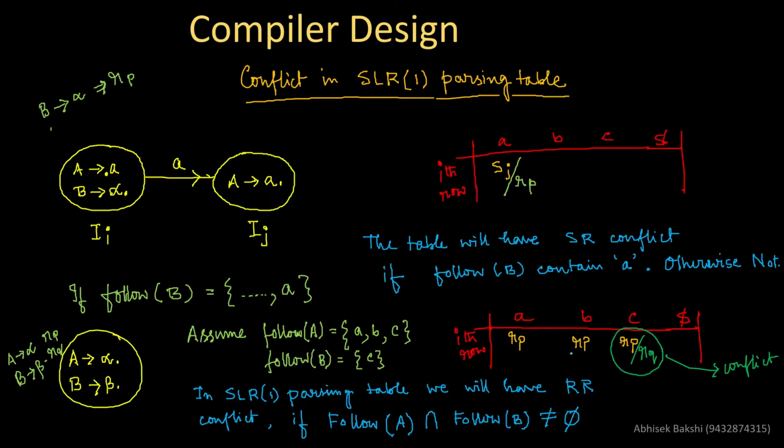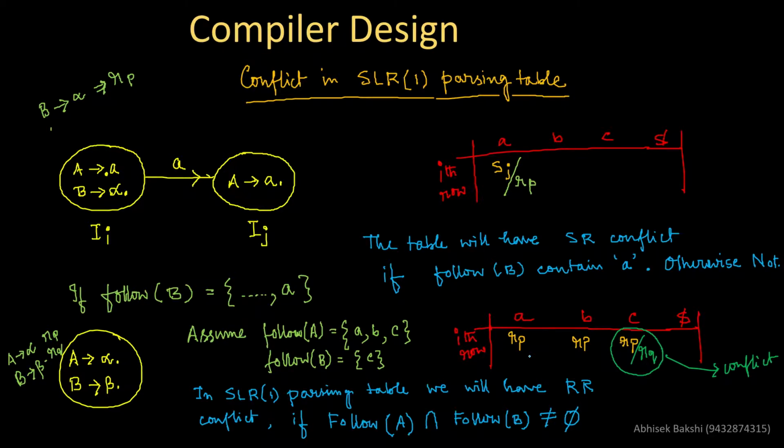So what we have seen from this example, we have also identified one more thing: in case of SLR, since there is a possibility to reduce the number of entries for the reduce move in the SLR1 parsing table, one thing I can say is that if I can draw an LR0 parsing table perfectly for a set of production rules, or for a grammar, perfectly meaning there is no conflict, then definitely if you design an SLR1 parsing table, there is no scope of having any conflict, right?